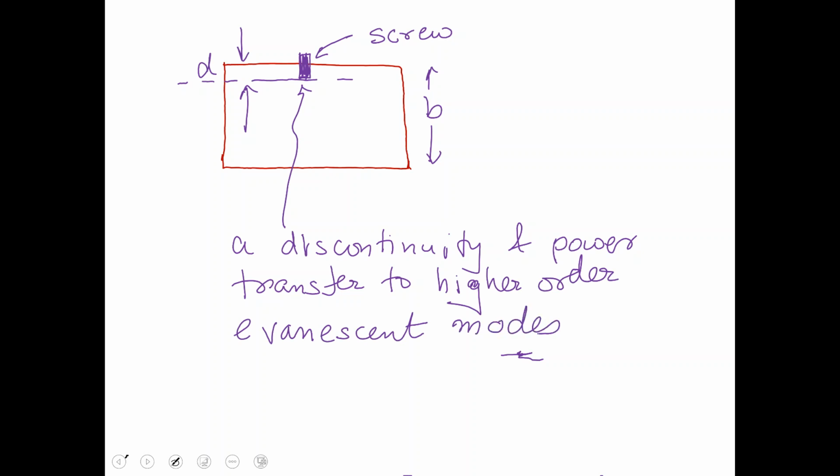Those modes just get localized, and thus there is energy localization around that screw.